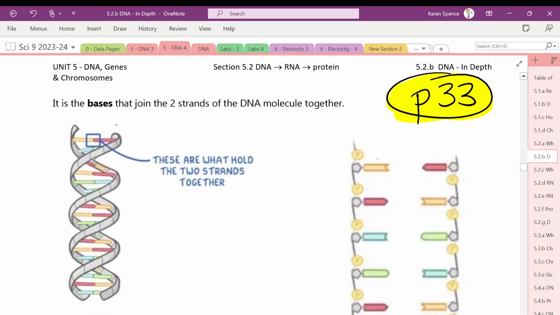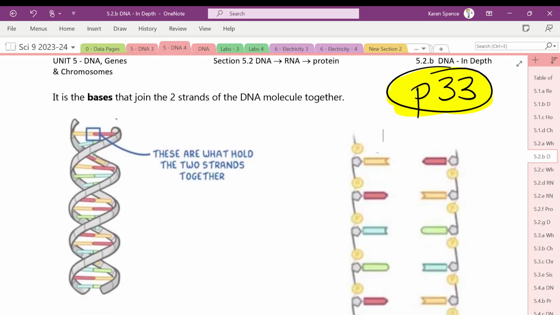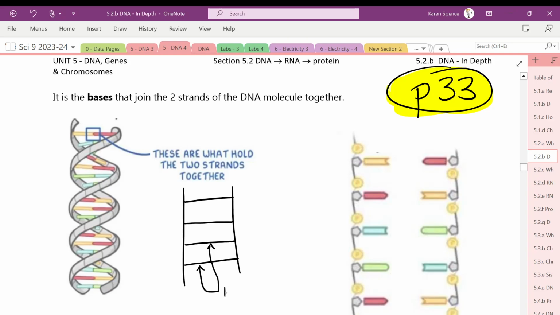So we have here 2 strands of DNA. They're going to make a ladder. Now, when you have a ladder, do you know which part of the ladder is called the rungs? Is it the up-down part or the side-to-side part? The side-to-side part. These right here are the rungs of the ladder.